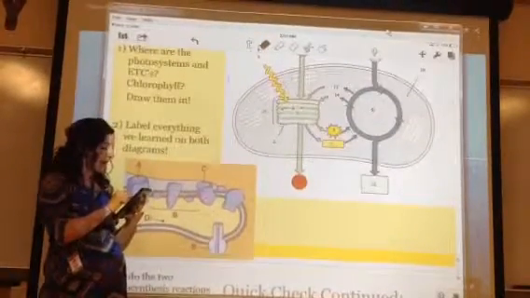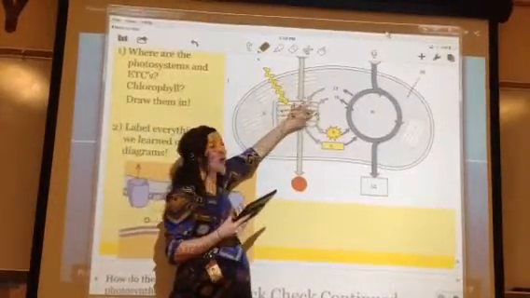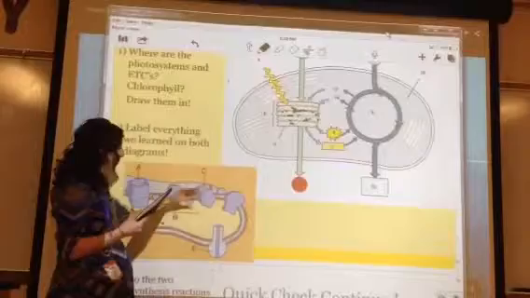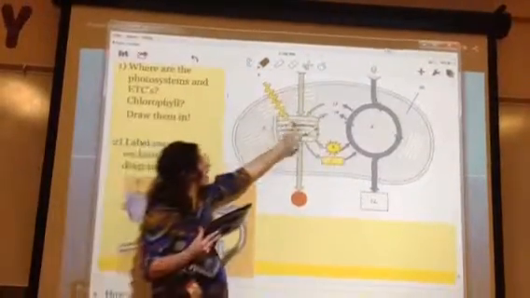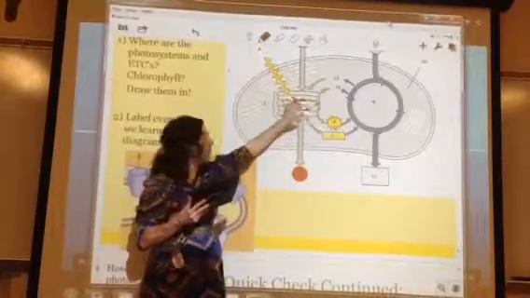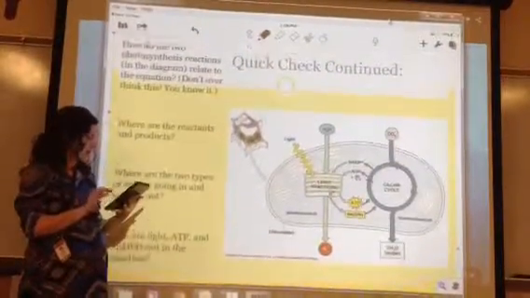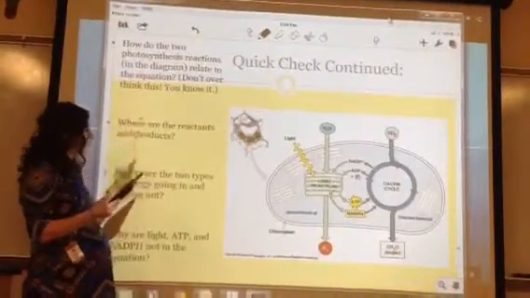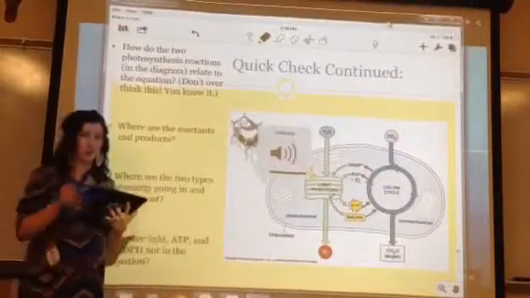All of these guys on here are the chlorophyll. That's why the more surface area you have, the more you can stick on there, and the more photosynthesis you can do. That's why we need high surface area. And then answer these questions about what we just learned.